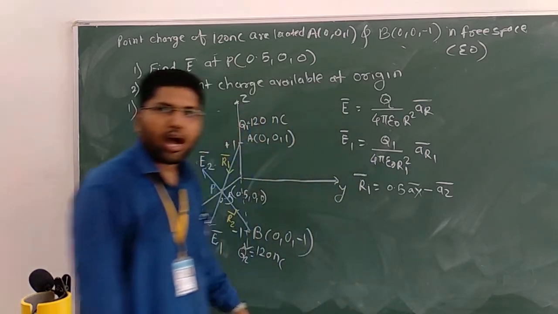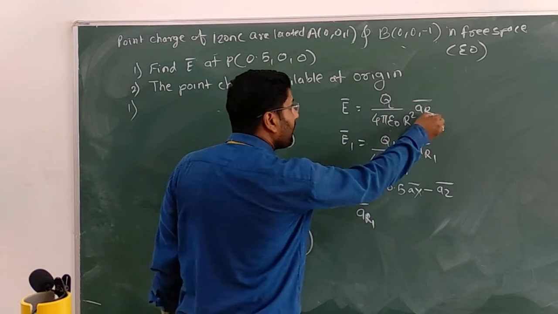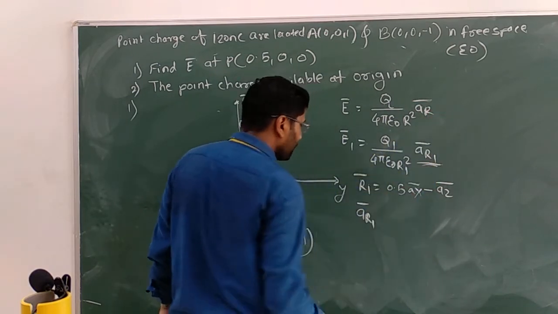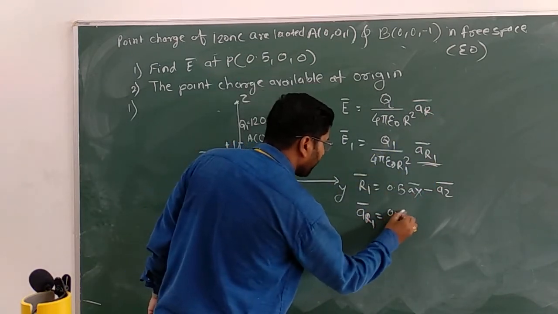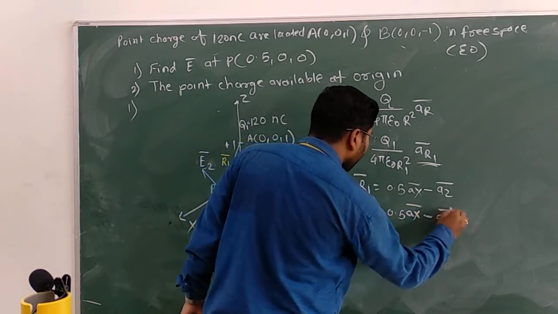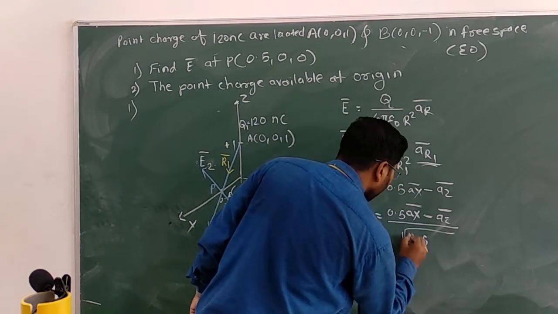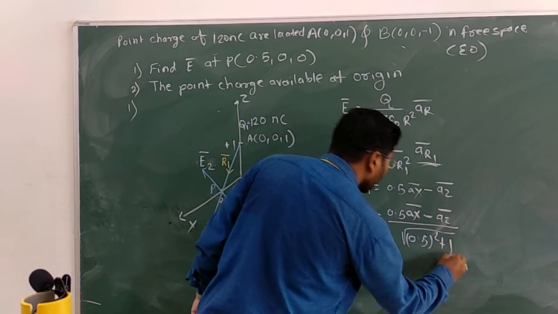That is your R1 bar. What about AR1 bar? We require that AR1 bar here. So AR1 bar is equal to 0.5 AX bar minus AZ bar divided by root of 0.5 square plus 1.